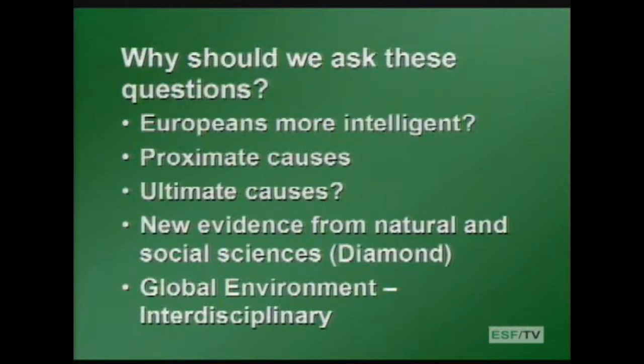Okay, now let's talk about what happens after the spread of humanity. Humanity spreads throughout the world, and if you were to go back in a time machine maybe 15,000 years ago, you would find that all societies were hunters and gatherers.